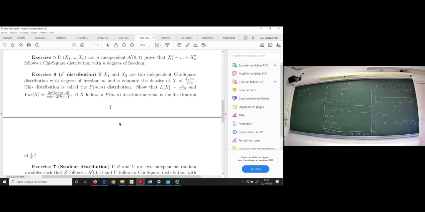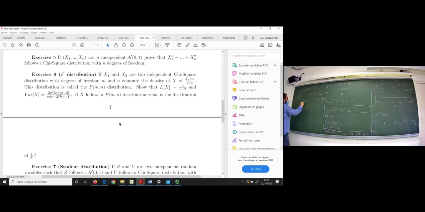From my induction hypothesis, I know that this one follows a chi-square of parameter n. By the induction hypothesis, I know the distribution of this one. And this one is the square of an N(0,1), so it's typically a chi-square of parameter 1.